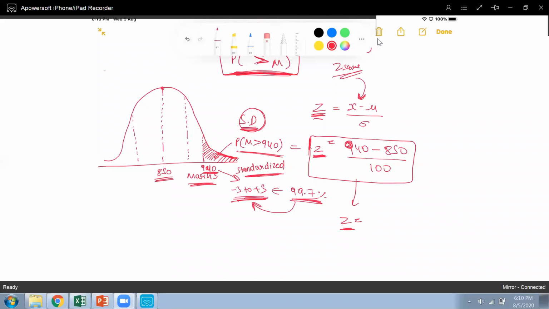Come on, please do the calculation, at least do the calculation. Z value is 0.9. Okay, z value is 0.9.